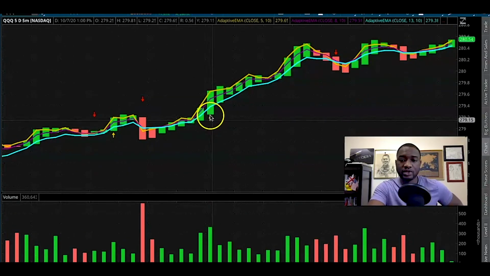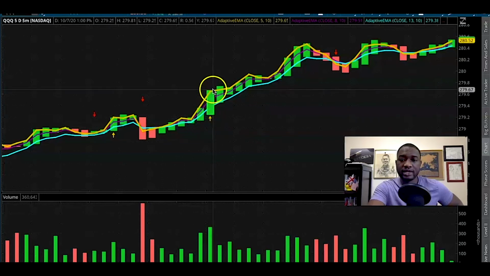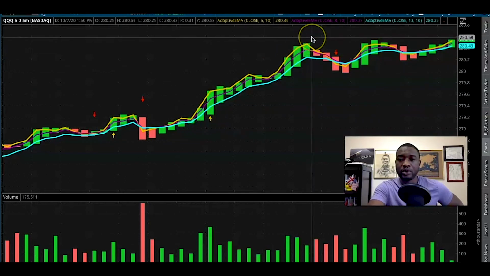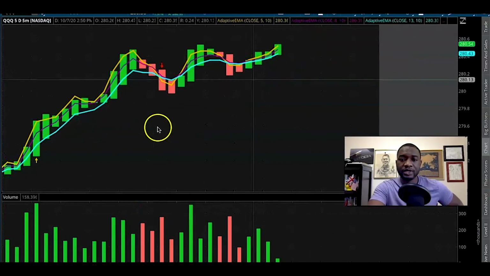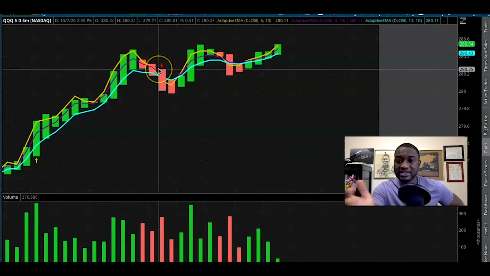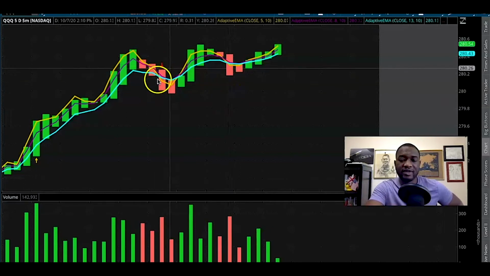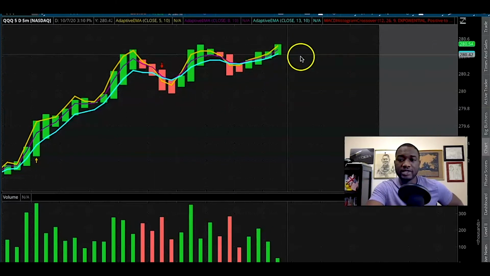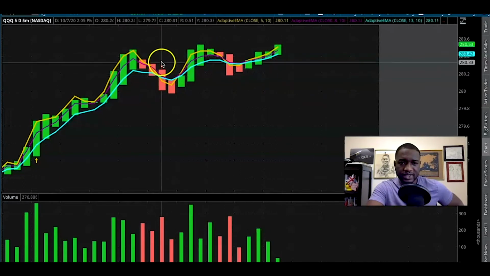Right here as well, look, this is signaled, and as you can see, the stock ended up going up for a bit. So right now at this point of the trade, this is live, by the way. The stock market is still open. So right here, this is signaled.